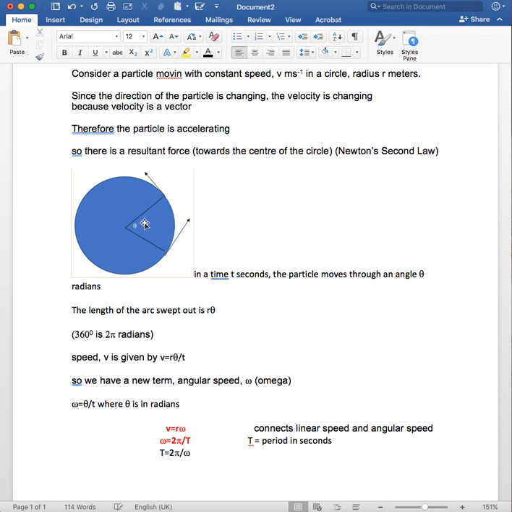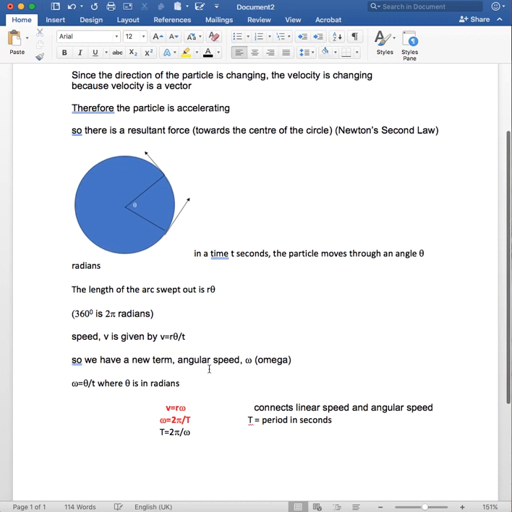In t seconds it has swept out theta radians. And so it has traveled r theta meters in t seconds. So the speed is r theta over t. Theta over t is the angle per second, that's our angular speed. So then, combining this equation, theta over t, and v equals r theta over t, we get v equals r omega.